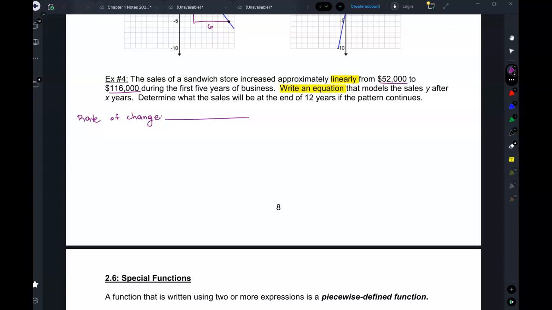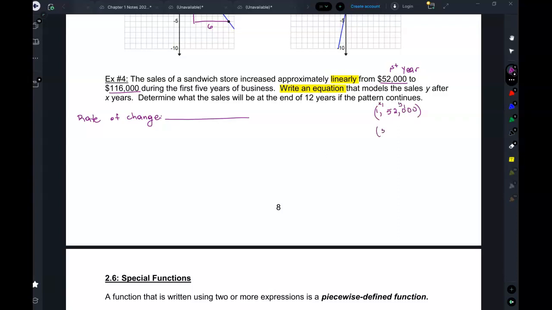At t equals 0, were there any sales? No. So really, it didn't start until the end of the year. So how many total years was there that we counted? It's really 5 minus 1. At year 1, we had $52,000. So this is x1, y1.